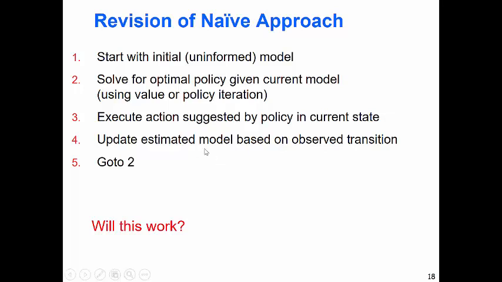And then we're going to update the model based on the observed transitions, right? So we're going to learn a little more. And then we're going to solve for the optimal policy with that new model. We're going to execute it and learn a little more and solve for the optimal policy. That seems like a pretty good idea, right? You're incrementally improving your knowledge. But will this approach have any problems?